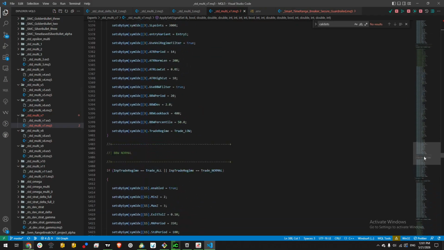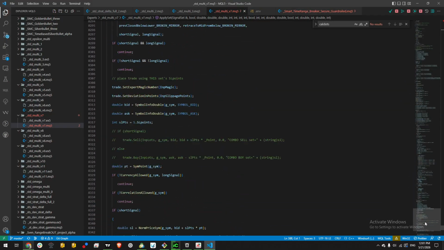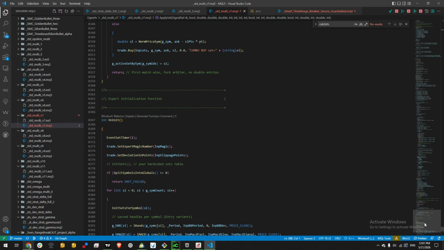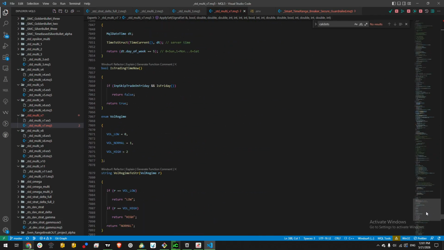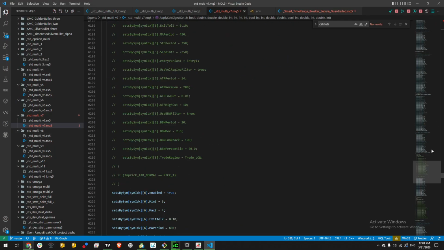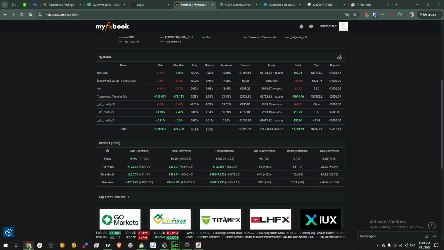These are all sets, mean reversion sets, which I can easily extract in another file, but yeah, it's bonkers. This algo, I have a lot of time invested in it.